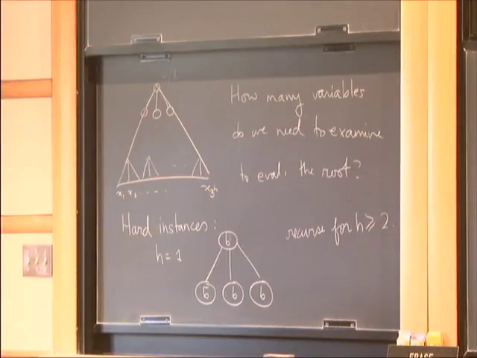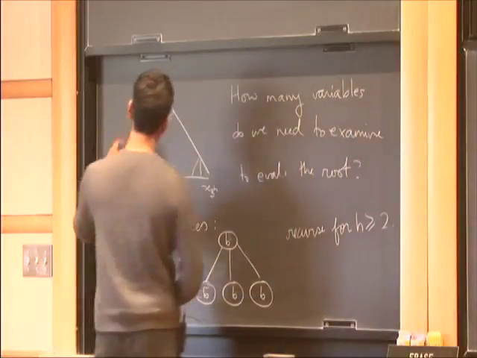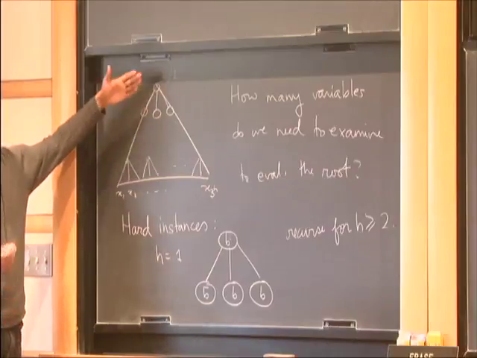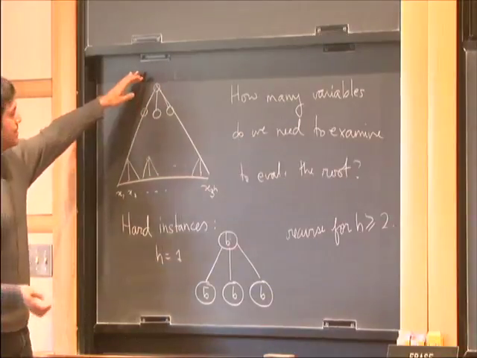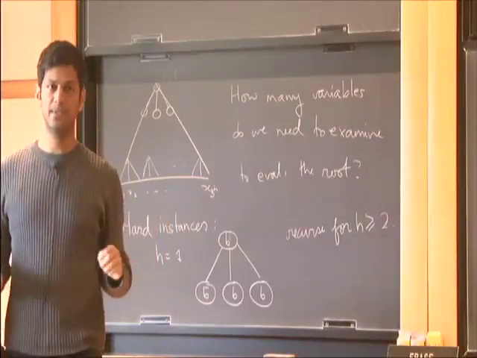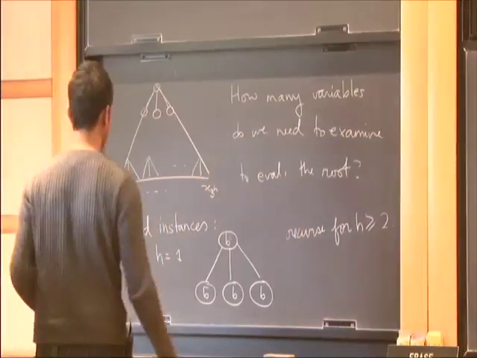Okay, so in each of these hard instances, what you can immediately see is that a certificate for whether the formula evaluates to 0 or 1 consists of 2 to the h variables and their corresponding values, right?